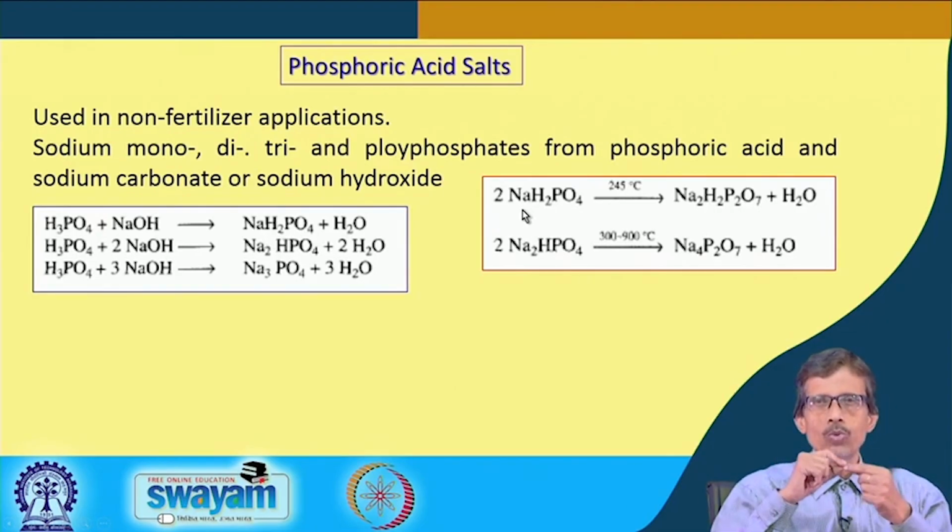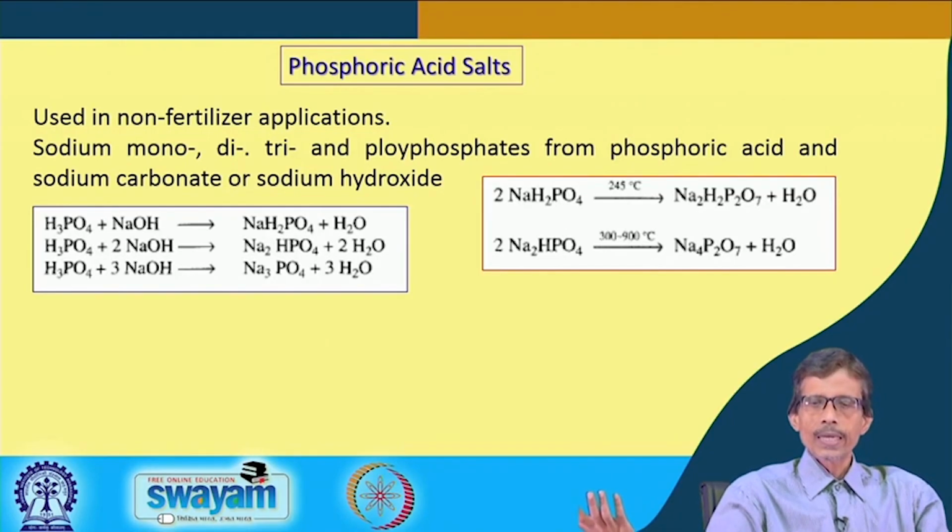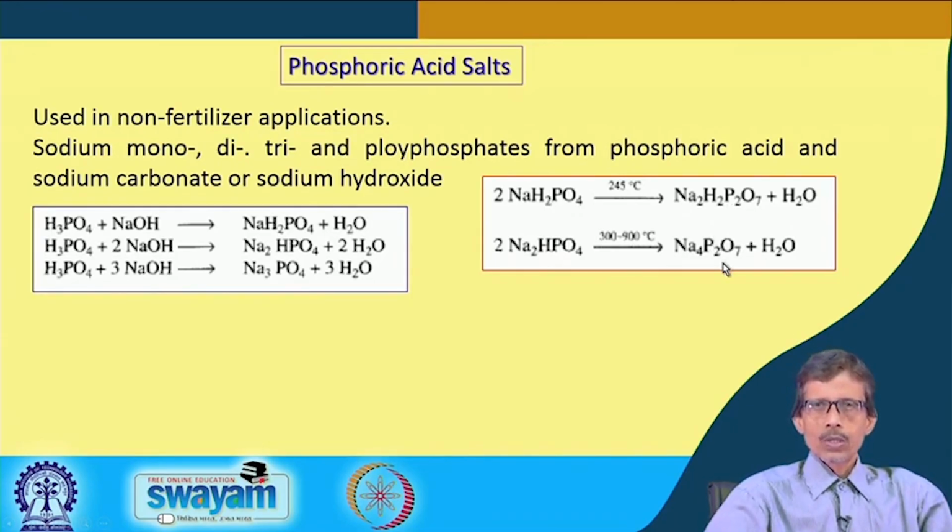So we have 2 salts, one is monosodium phosphate and another is disodium phosphate. In one case, if we heat to 245 degrees centigrade, in another case, if we heat above 500 degrees centigrade, we will also get 2 types of salts. When it is monosodium, we will get Na2H2P2O7, and when it is disodium, we will get Na4P2O7. But the basic unit is the same, that means we get a diphosphate unit.